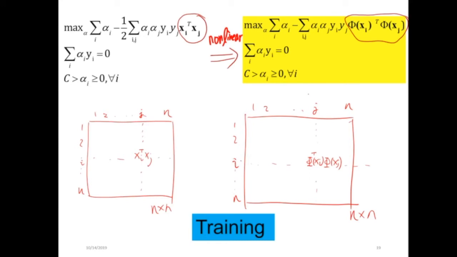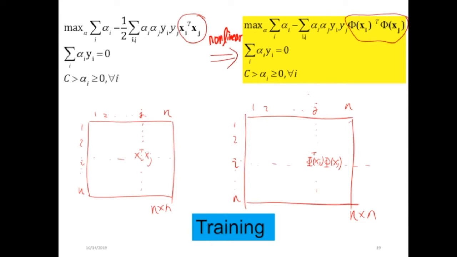The similarity matrix includes all the training data versus the other training samples, and each element is x i transposed x j. With the nonlinear extension, each entry is phi x i transposed times phi x j.